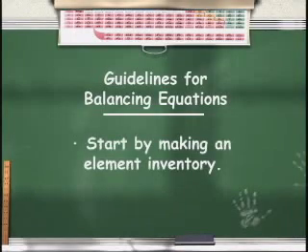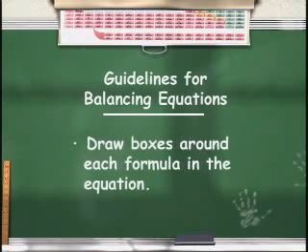Start by making an element inventory. When you first start balancing equations, it's simply too hard to try to keep track of all those numbers in your head. Draw boxes around each formula in the equation. This simply reminds you not to change subscripts in order to balance an equation.